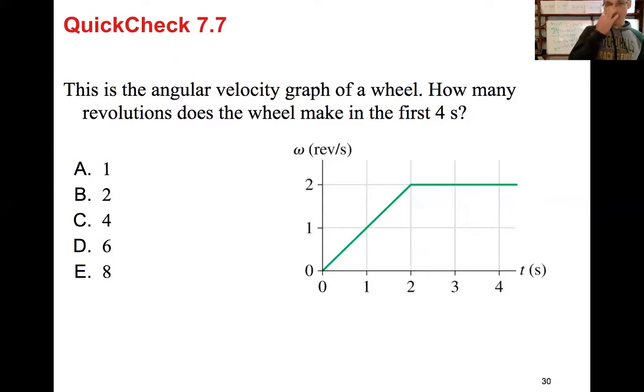So you got to think about what that means. In 4 seconds time, how many revolutions does it make? You can see at 4 seconds, it's making 2 complete revolutions per second. So you can make a guesstimate answer pretty quickly.